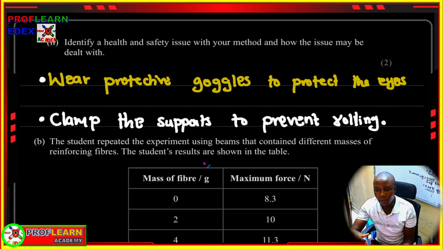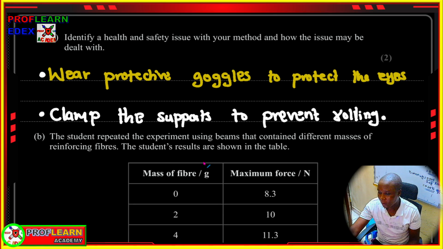Then you need to wear safety goggles to protect against the particles getting into your eyes. And also we can talk of clamping the supports to prevent them from rolling. And also you put on safety boots, so that once the beam breaks, it doesn't fall on your feet and hurt you.